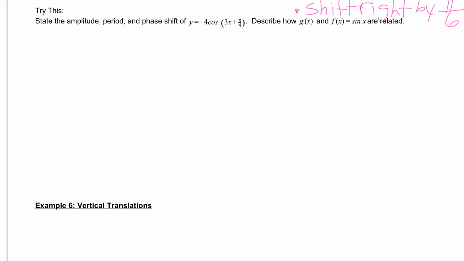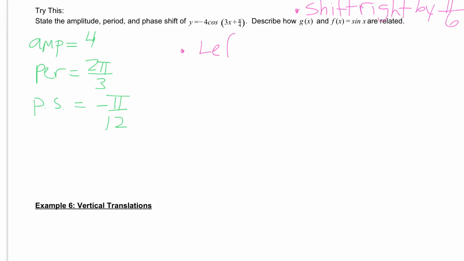If you did the try this correctly, you should have gotten an amplitude of 4. Remember, it's a positive 4. A period of 2 pi over 3. A phase shift of negative pi over 12. And then listing down the relationship of how they are related, you should have said it moved to the left by pi over 12.